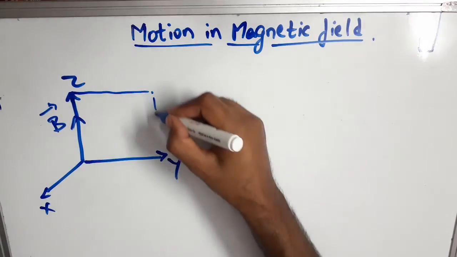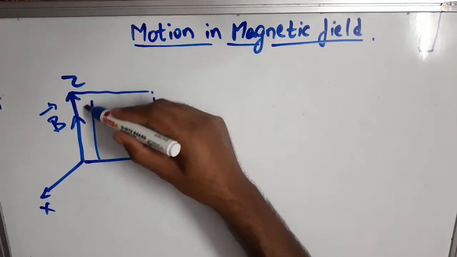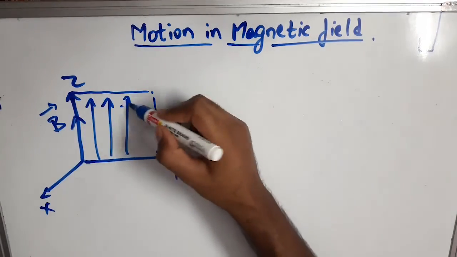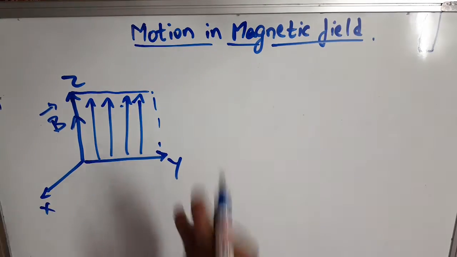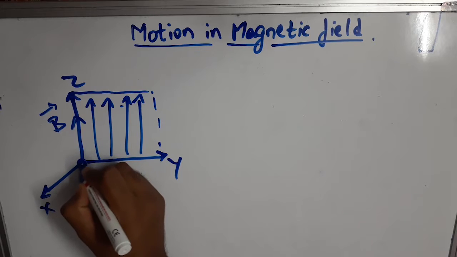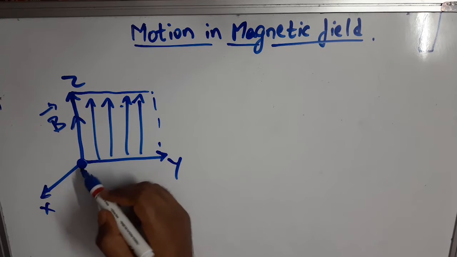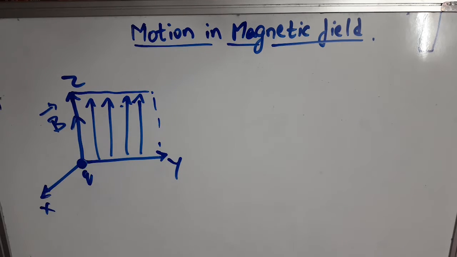I can simply draw an imaginary line like this. This is the yz plane and my magnetic field is in this fashion, just for imaginative purposes. Then I will put a charge q at the origin. Now I need to study how this charge q moves in this magnetic field B.